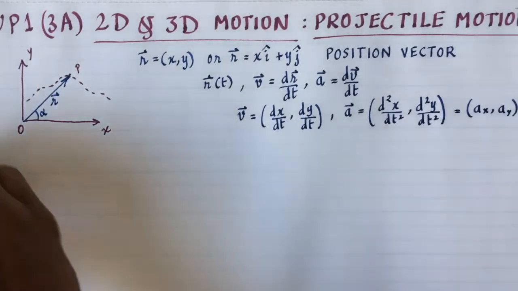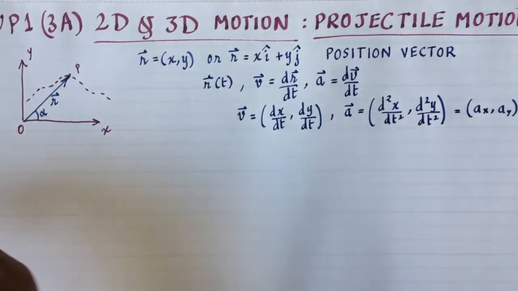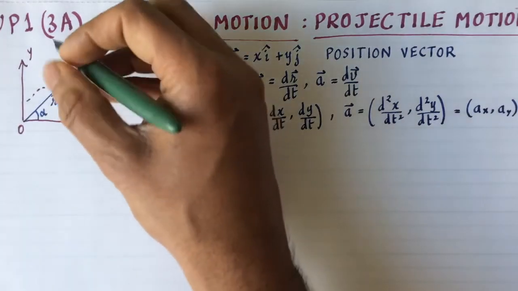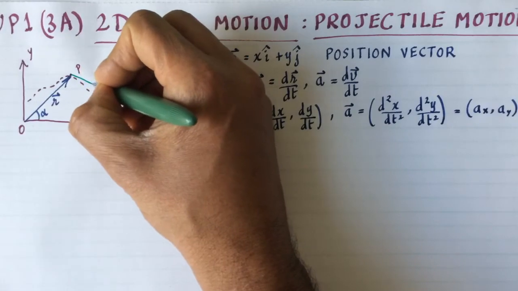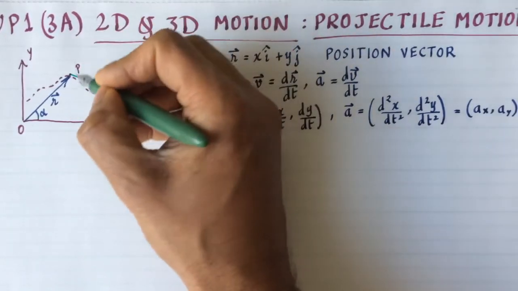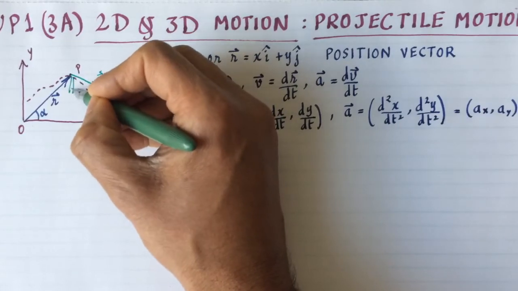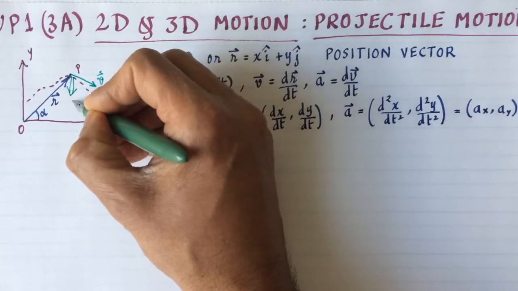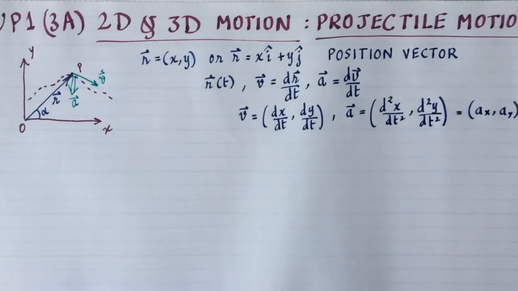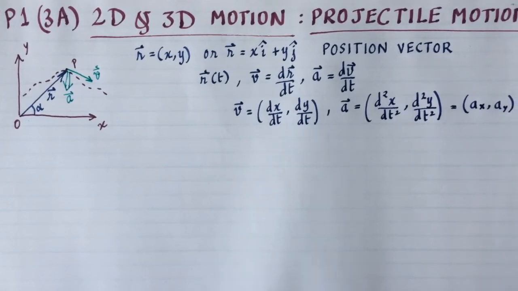Now I should remark that there are other things going on in this diagram. The tangent to the position vector is the velocity vector at any given time, and the acceleration vector is actually pointing somewhere here. In keeping with the notation in UP1, we will use double shafted arrows to indicate the acceleration vector.